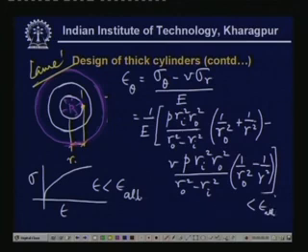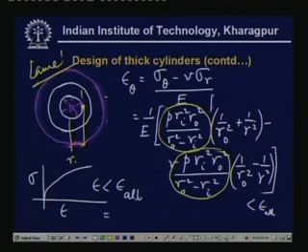Now if one uses that, after some simplification we get the following form, where this part is constant. Let us denote this as P prime.